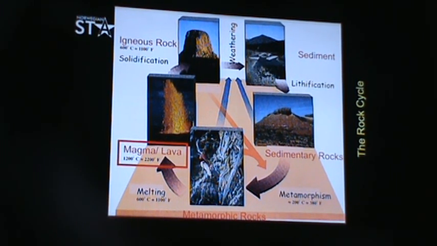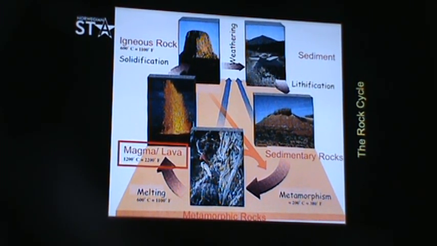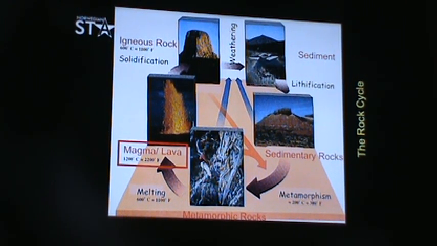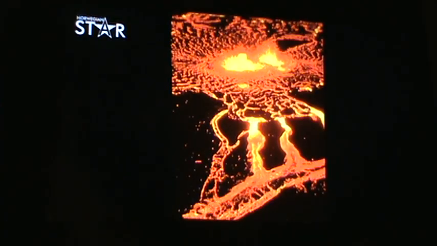All of those are at the surface and have to be broken down to repeat the cycle. But if I take them all the way down by subduction into the interior of the Earth, and I'm talking 5 to 30 kilometers below the surface, they will all go back to being the magma. Molten material with all the elemental constituents bubbling around like a big bowl of vegetable soup. Only in this case, it's a big bowl of elemental soup. And that takes you back to the magma.